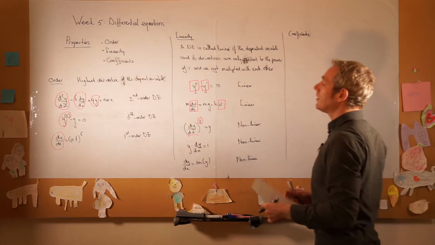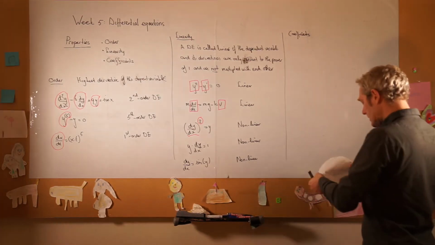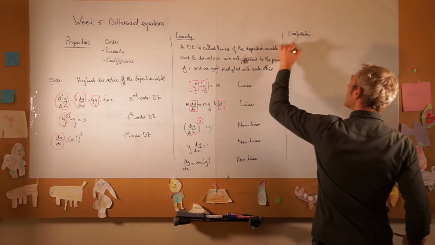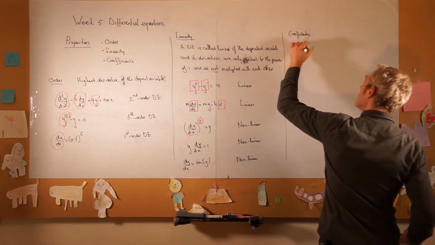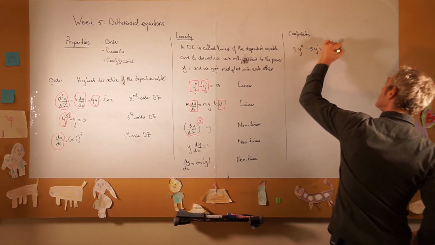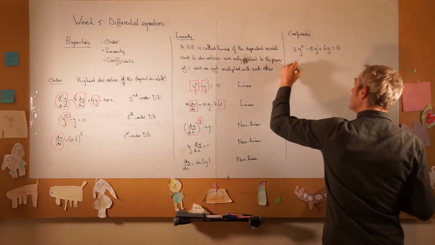And in particular, we look at linear differential equations. And let's give you an example of one. 3 times x double prime minus 5y prime plus 6y is equal to 0. And I'll give you another one, one we have seen before.